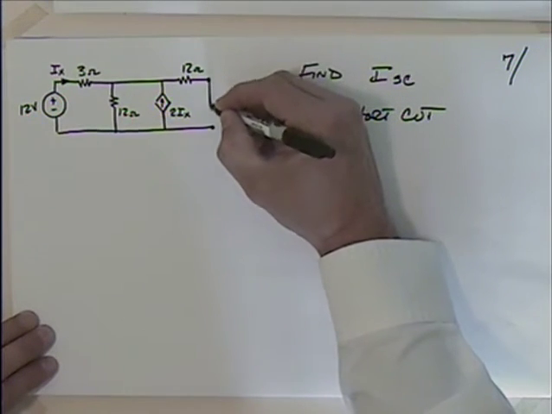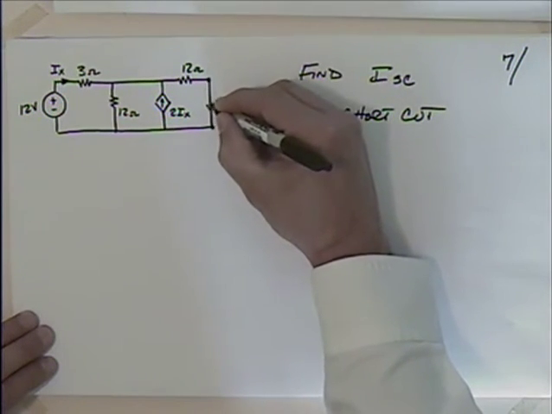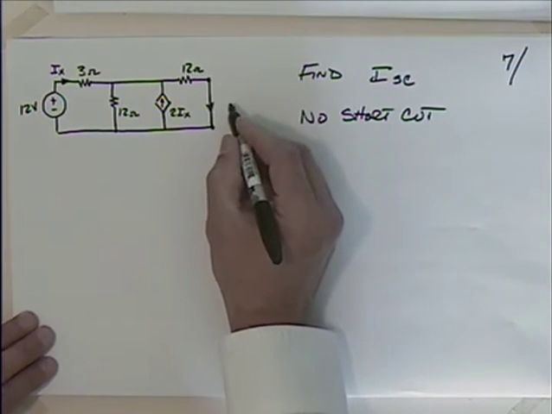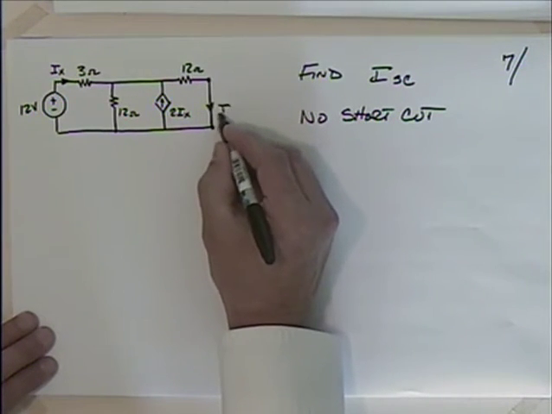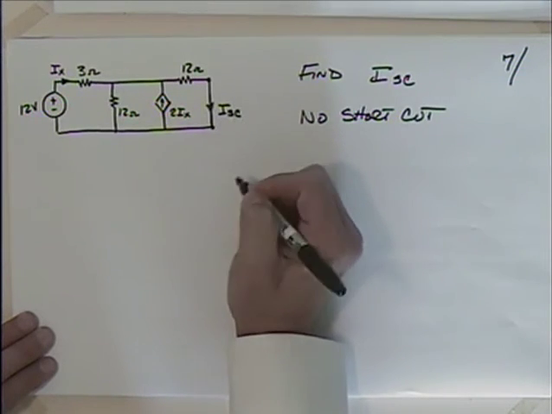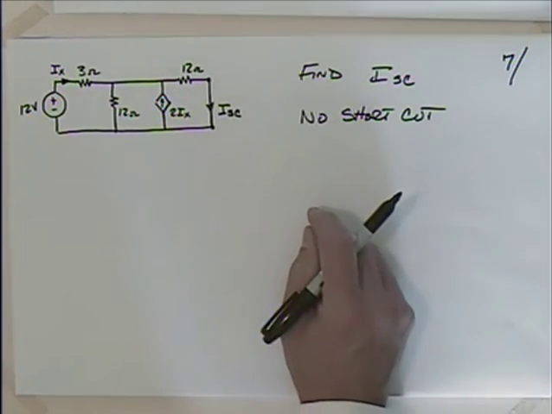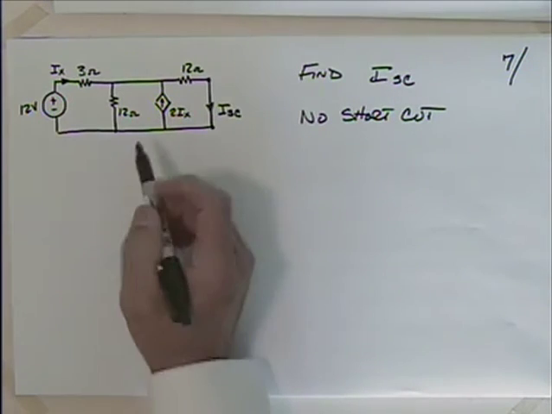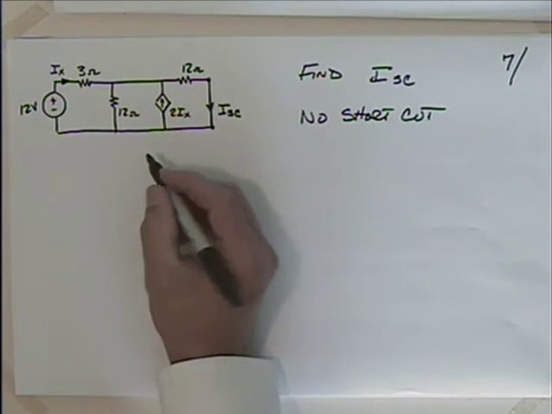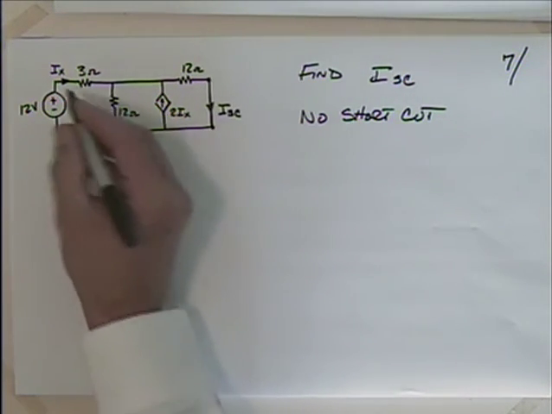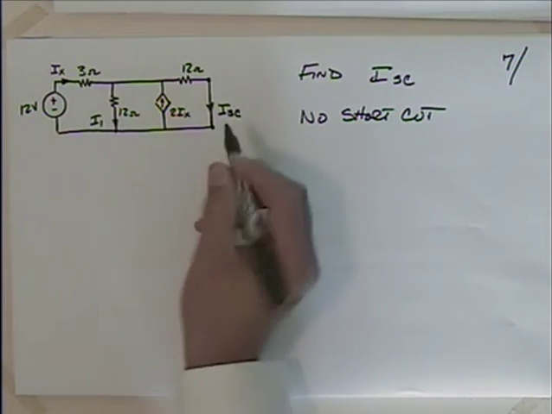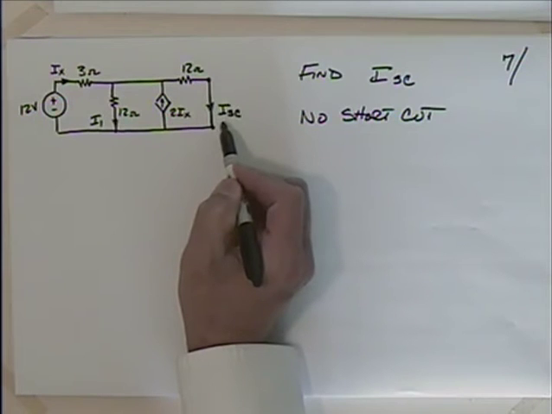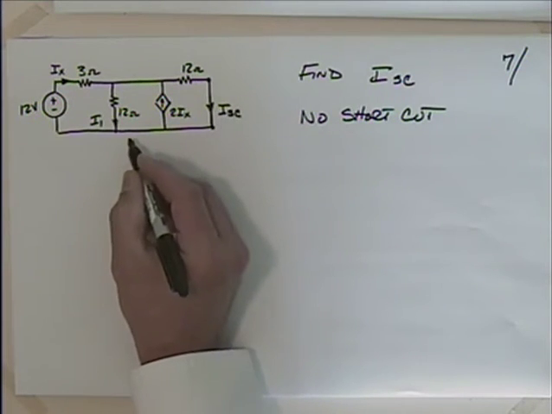So what we're going to do is we're going to short this thing out, and we put a designation there, I short circuit. And let's see, why don't I go ahead, I'm going to put some of the same currents that we had in here. We got IX, I'll call this I1. And I won't call that I because we got a name for that, I short circuit.